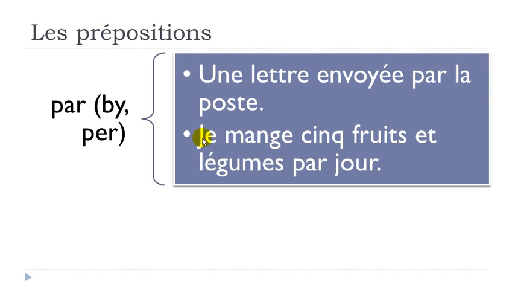Je mange 5 fruits et légumes par jour. So in that case it would be this per day. Je mange, I eat 5 fruits, et légumes, vegetables, par jour, per day. Je mange 5 fruits et légumes par jour.